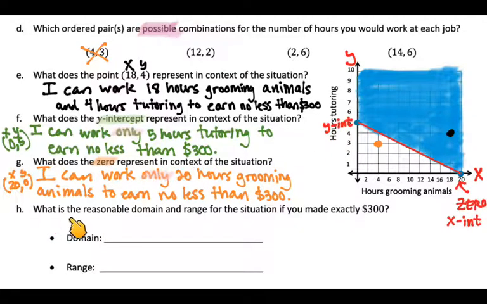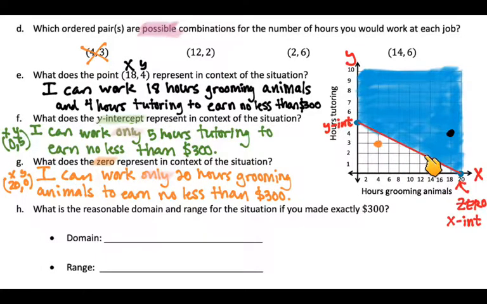And then lastly, what is a reasonable domain and range for the situation if you made exactly $300? Normally we can't find domain and range from an inequality, but we can find domain and range from the boundary line, which is this red line that I've added to the graph. Since we've done domain and range before, we can go ahead and find it now.